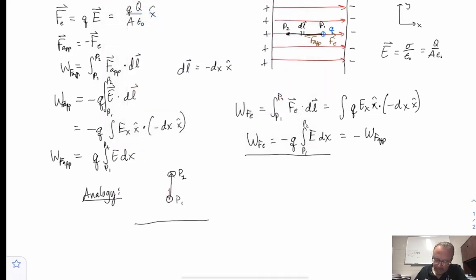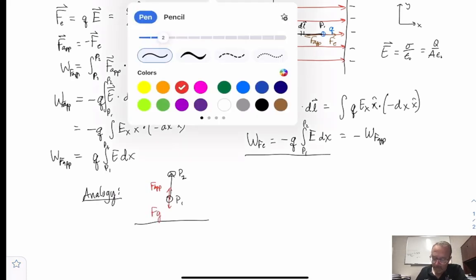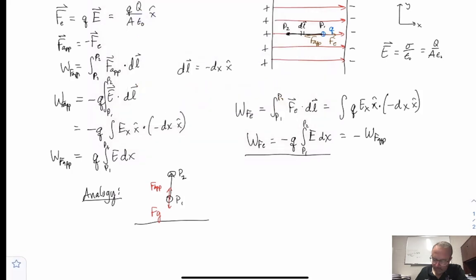We have the applied force, which we're using to raise the ball up, but we also have the force of gravity. And when we calculated the work done by the applied force, that's just the applied force times the distance, delta H, let's say, that we move this thing.